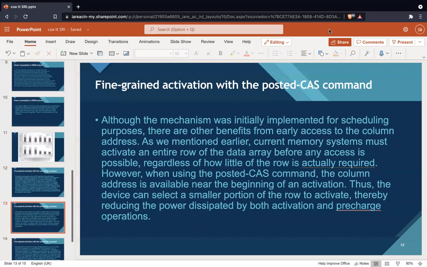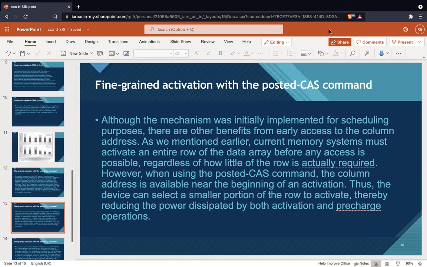As we mentioned earlier, current memory systems must activate an entire row of the data array before any access is possible, regardless of how little of the row is actually required. However, using the posted CAS command, the column address is available near the beginning of an activation.